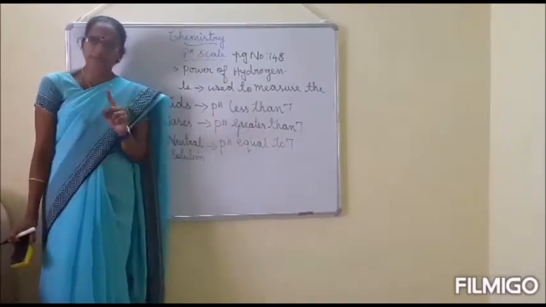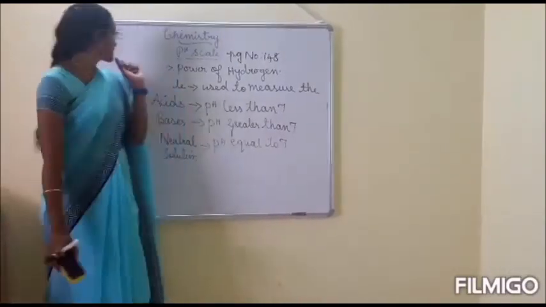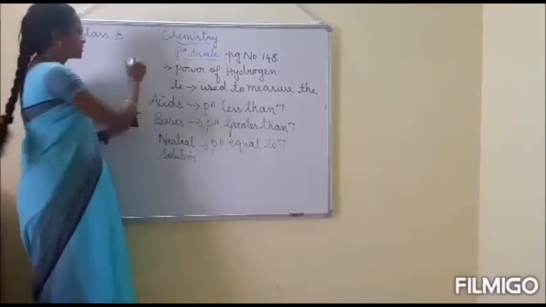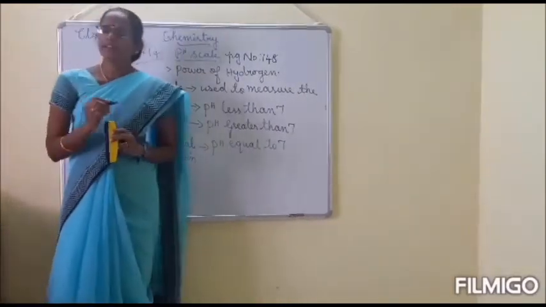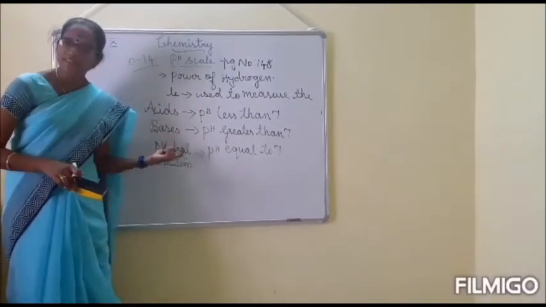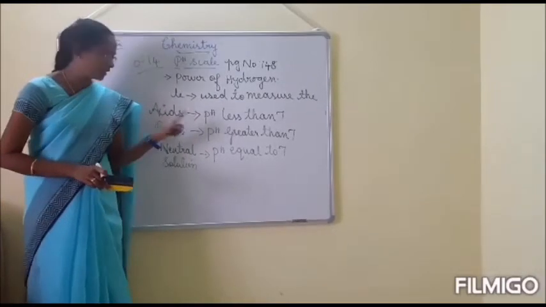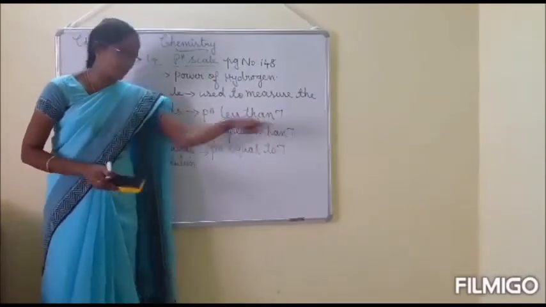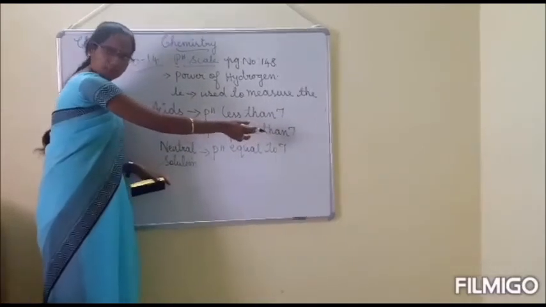Okay, once again I will repeat. The pH scale is a set of numbers from 0 to 14, which is used to indicate whether a solution is an acid or base or neutral solution. So acids generally have pH less than 7 and bases have pH greater than 7, that is, more than 7.